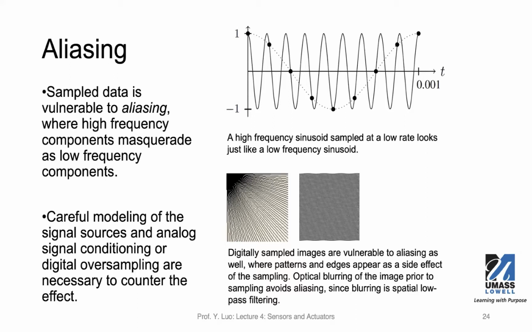Okay, so let's look at this diagram here. Horizontal is the time axis, and the vertical y-axis is the amplitude of the signal. What we are seeing here is actually two signals.